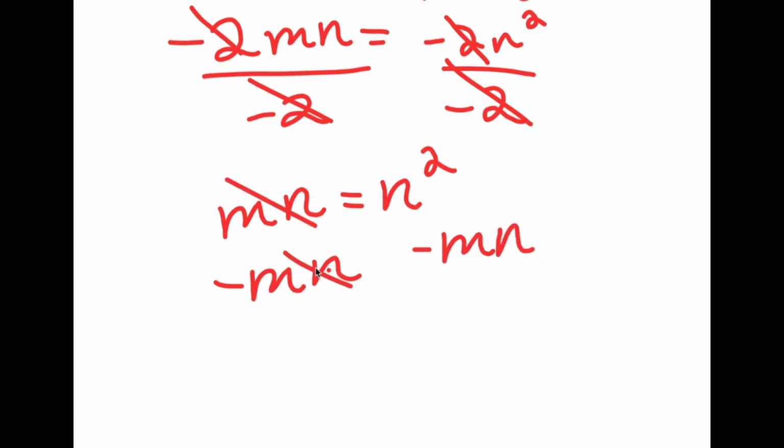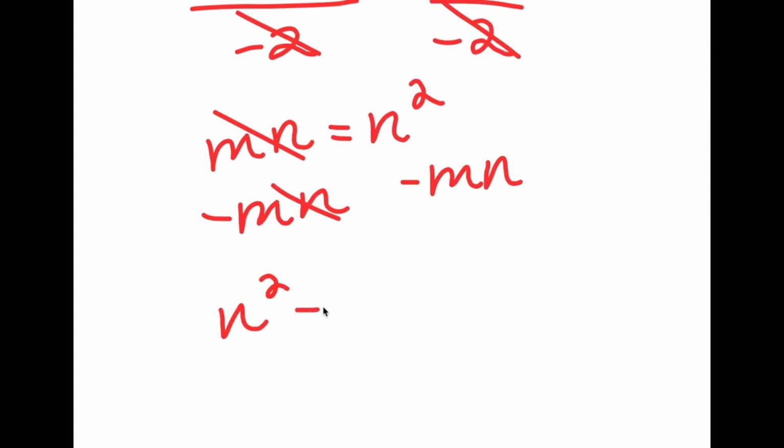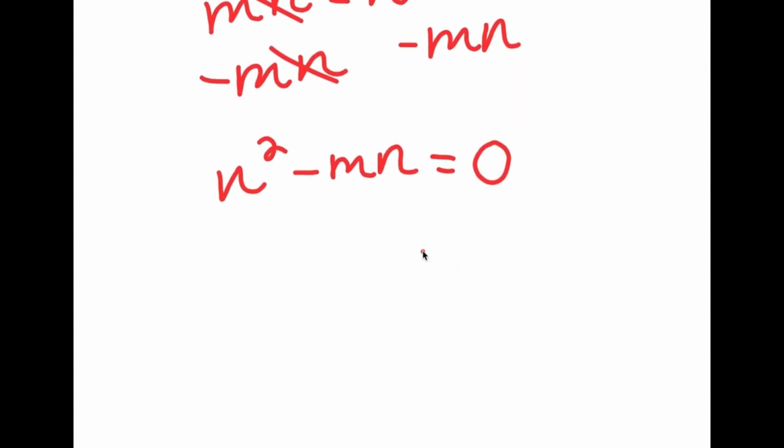So then these two cancel out, and I get n squared minus mn is equal to 0. Now the greatest common factor in n squared minus mn is n.